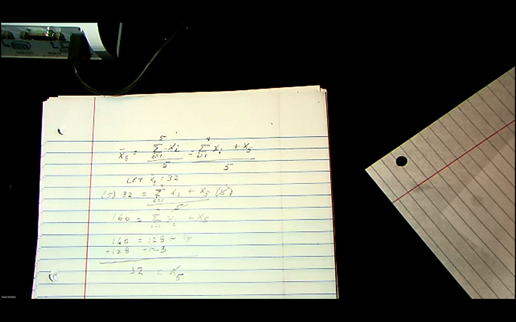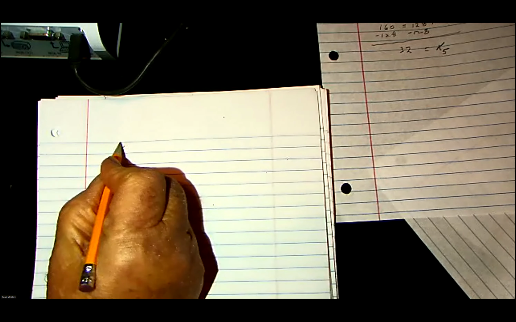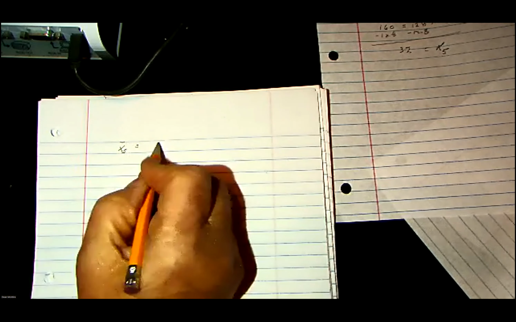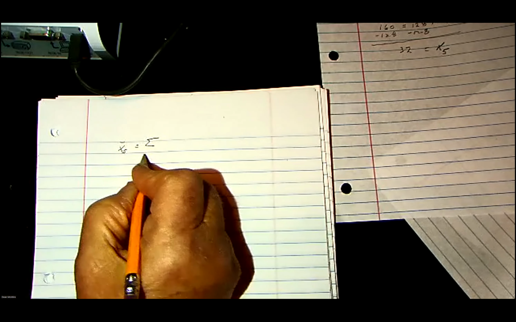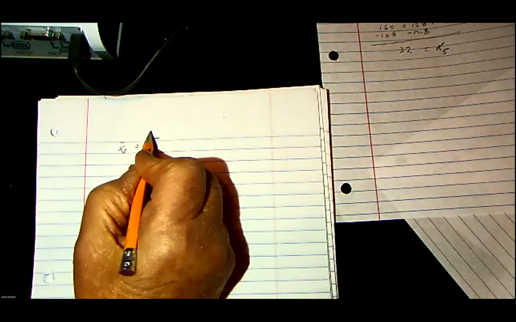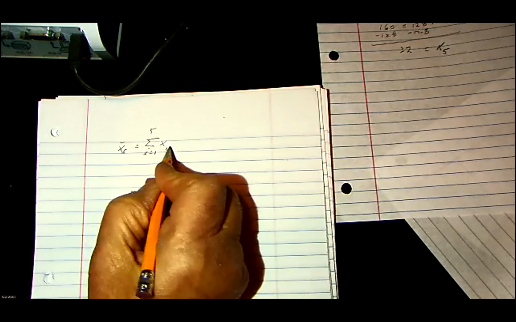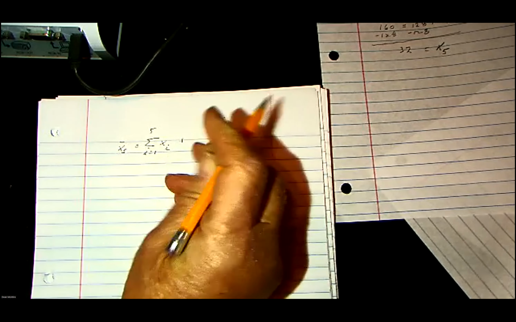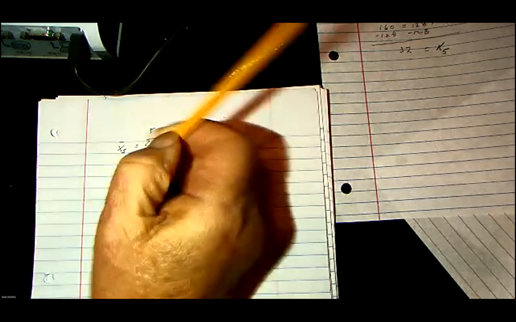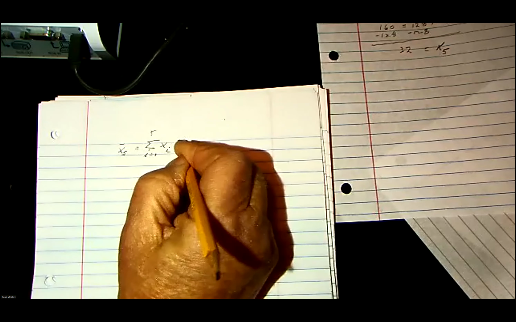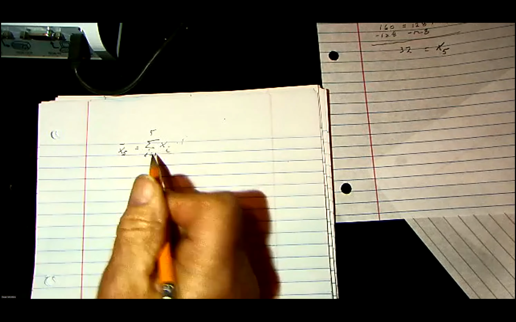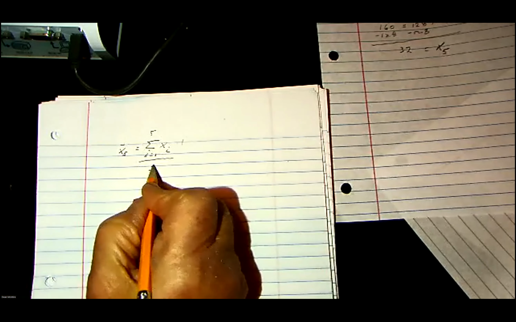I'll do the same. Definition: x bar 5 is equal to the summation as I goes from 1 to 5 of x sub I, divided by 5. That's what the definition of the mean is for the 5.